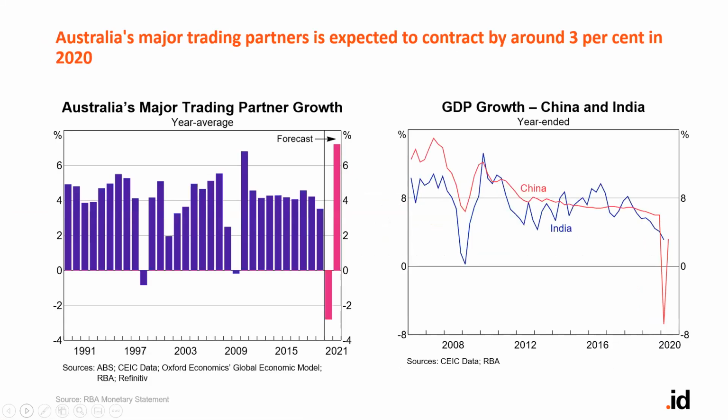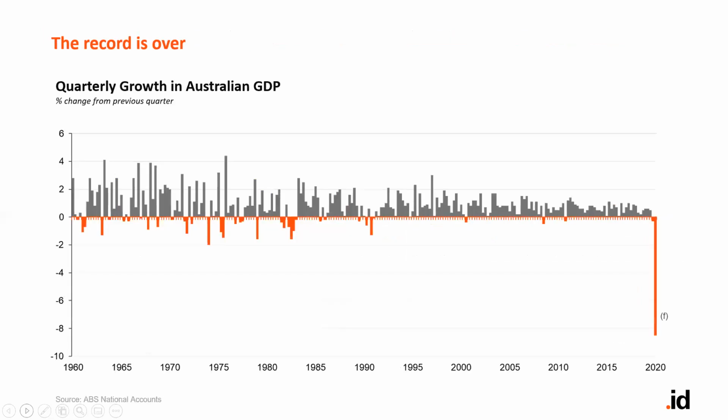Our major trading partners are expected to contract by around 3%. We've already seen a bit of a return, particularly in China, around steel production and things like that. But certainly our trading partners and our growth with our trading partners has slowed down.